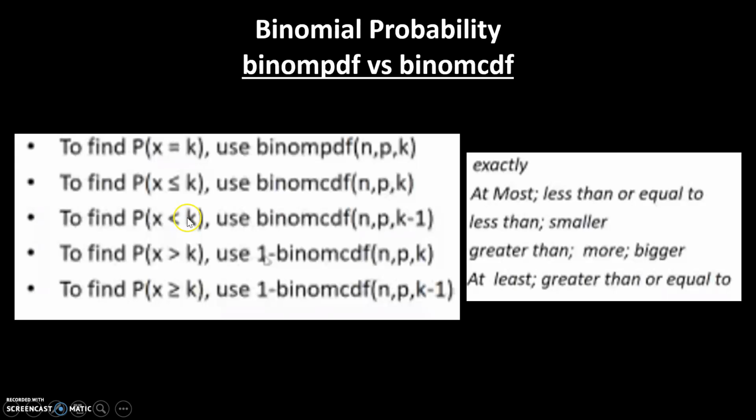If X is less than K, then you'll use binom CDF. If X is greater than K, then you subtract binom CDF from 1. If X is greater than or equal to K, then you also subtract binom CDF from 1.